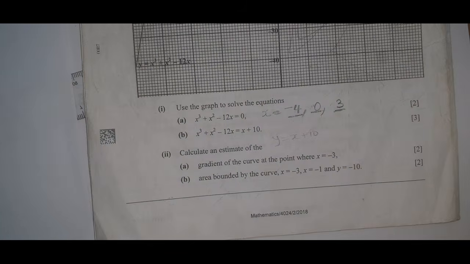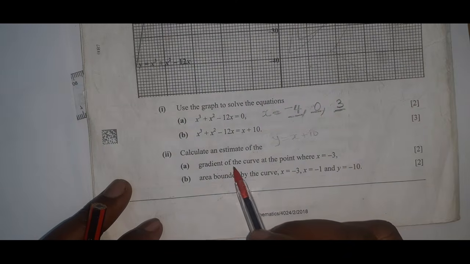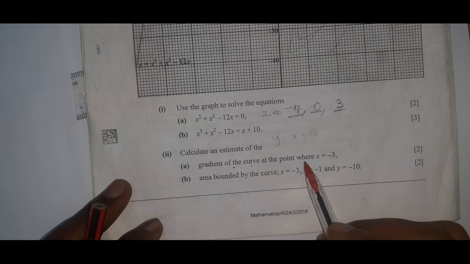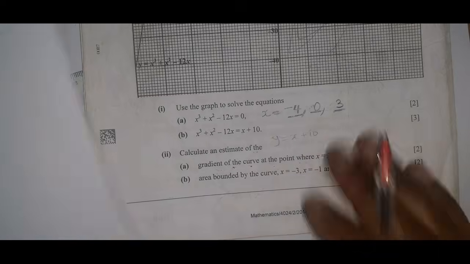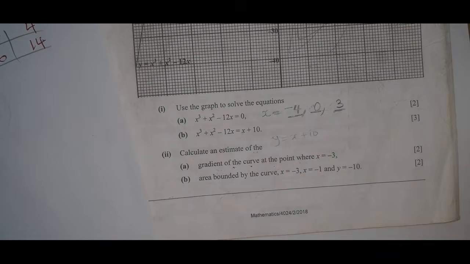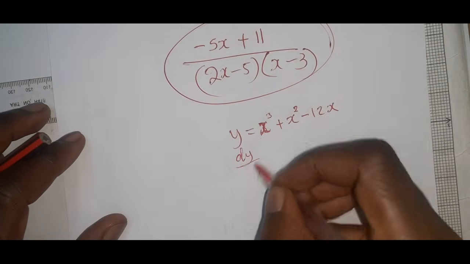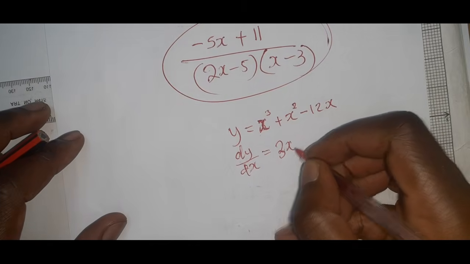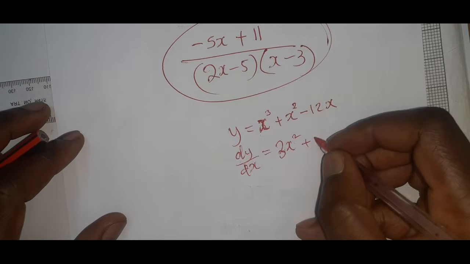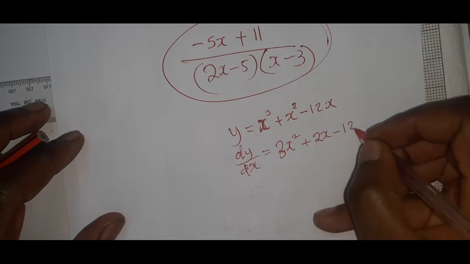Okay, then this part, calculate an estimate of the gradient of the curve at the point where x equals -3. So the best that you do here is to find dy/dx of this one. What is dy/dx? This will be 3x squared plus 2x minus 12.